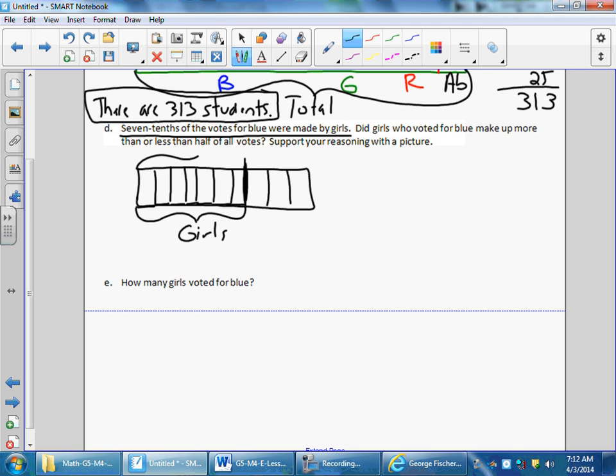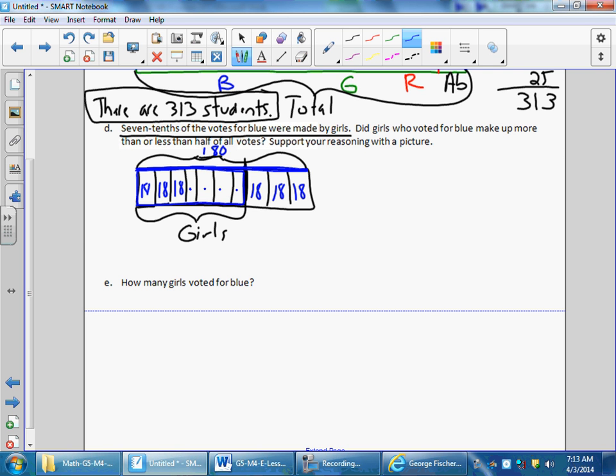My whole for blue was 180. So basically what I'm going to do is take 180 and divide it by 10 because I'm breaking it into tenths. 180 divided by 10 is 18. All of these are 18.